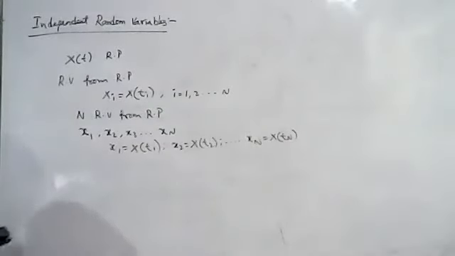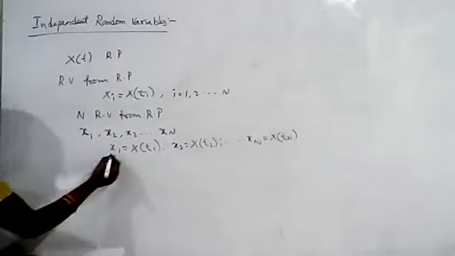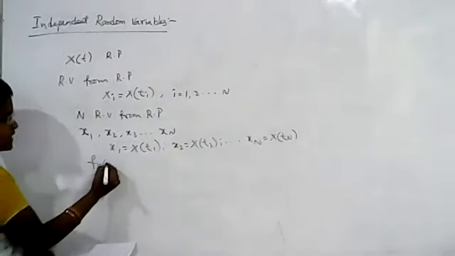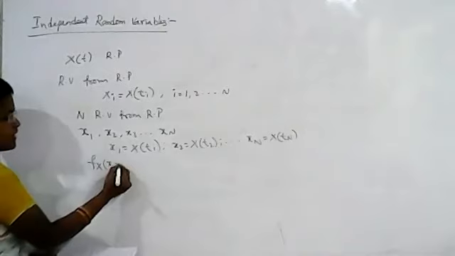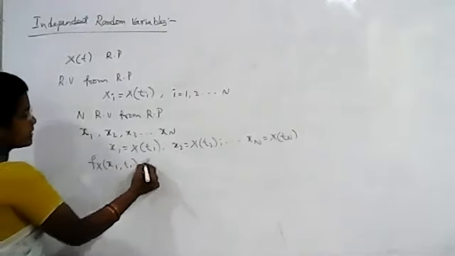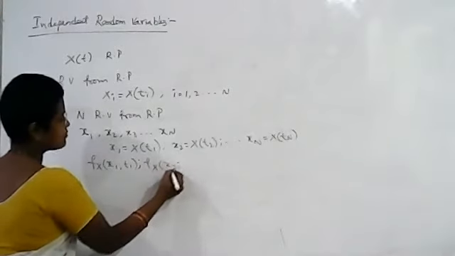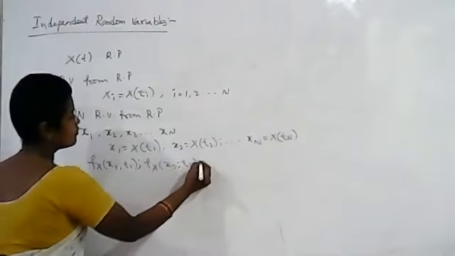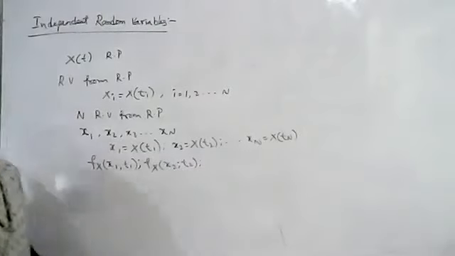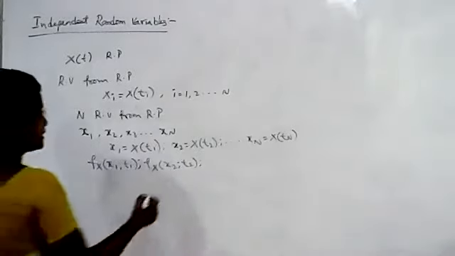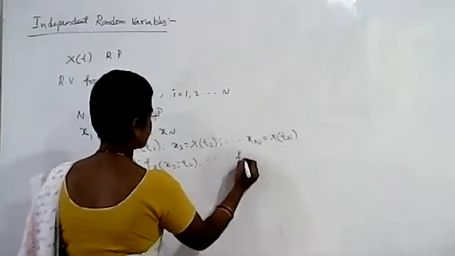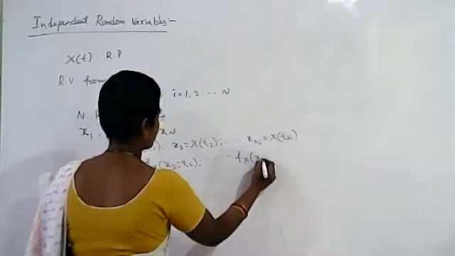Now we say that these random variables have density functions. The density function of random variable X1 is given as fX(x1, t1). Similarly, the density function of random variable X2 will be fX(x2, t2), because we are getting X2 at the time t2. Similarly, all these random variables have density functions.